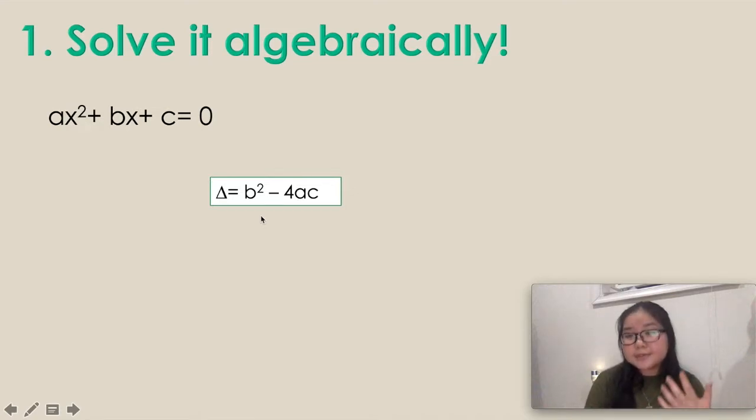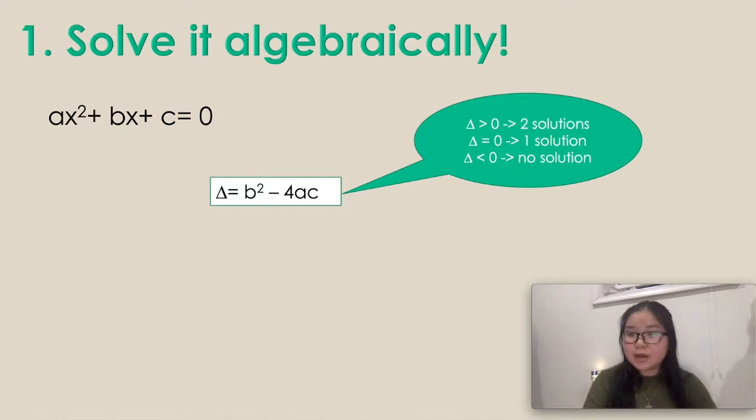So why do you have to calculate this triangle? This is the reason why. After calculating, if you see that the triangle has a value greater than 0, it will have 2 solutions. If it equals 0, it will have 1 solution, and if it is lower than 0, there is no solution.